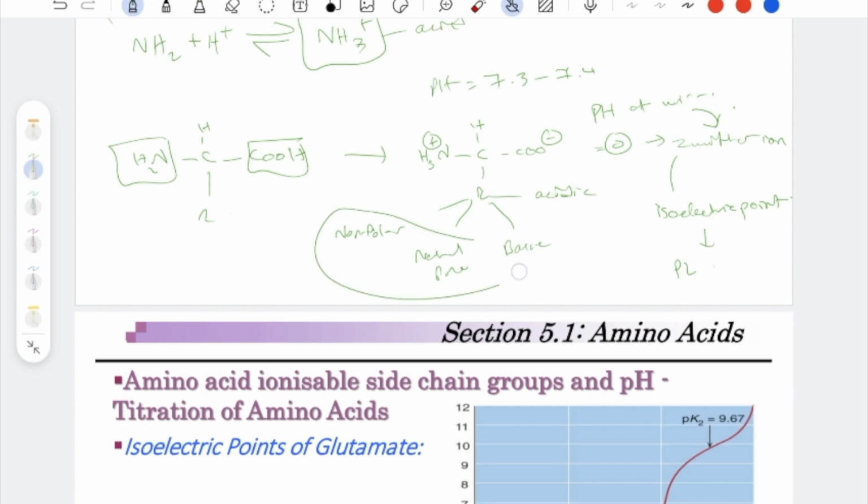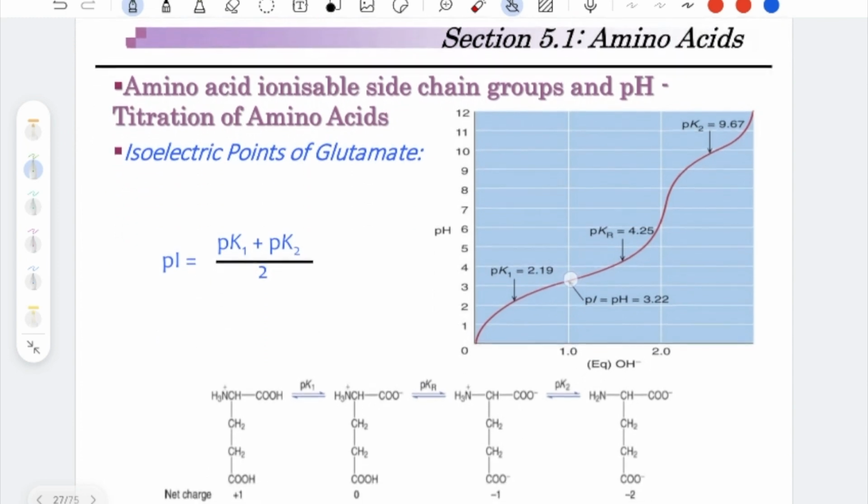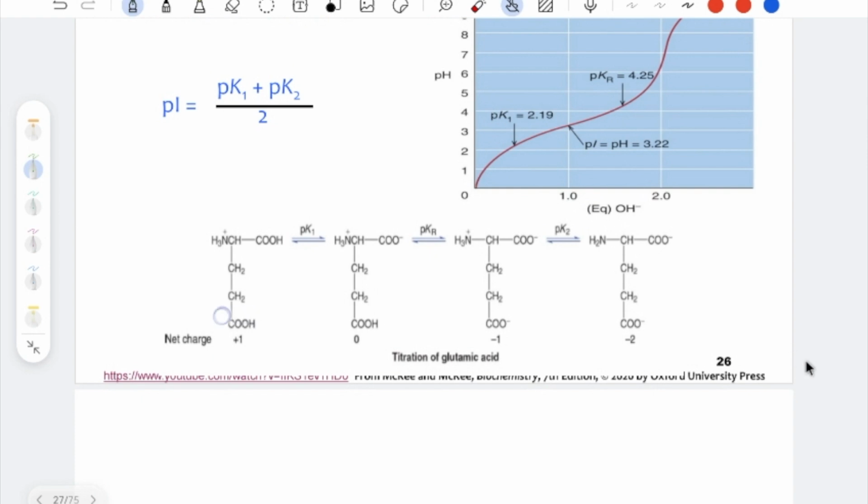Now, the first two do not have the capability of having a charge, while acidic and basic can have a charge. So it's going to change the pH at which we get the Zwitter ion. So let's take, for example, glutamate. Glutamate has an extra carboxylate group in the R group.